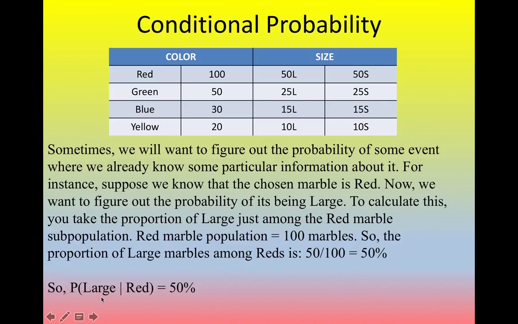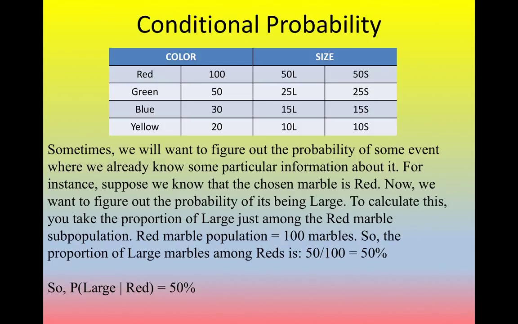This means you know or assume that a red marble has been pulled, and now you are trying to calculate the probability of its being large in the light of this piece of knowledge or assumption that it's red. So the probability of a large marble will be proportional to the red marble subpopulation, and not to the population as a whole.